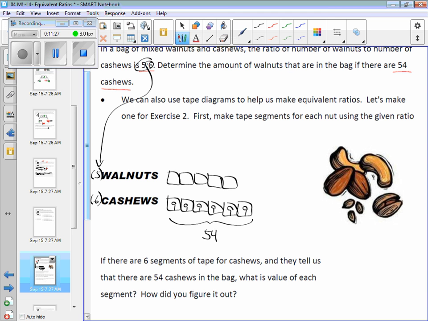54 is my total cashews. I have to figure out the value of each box, which is your 9 times 6 making 54. Once you find the magic number for the box, it's good for every box. So don't forget to put 9 in each box for the walnuts.